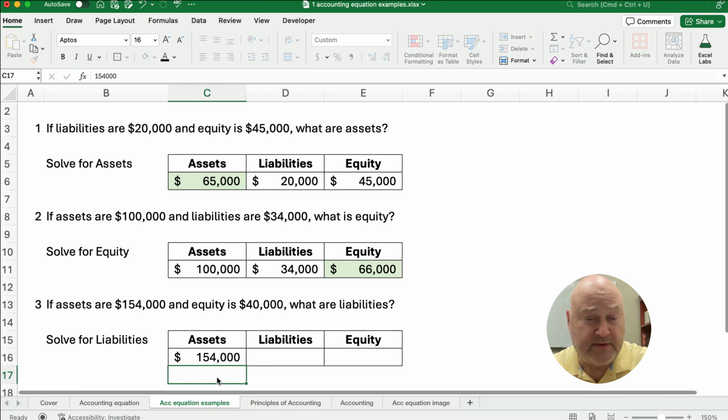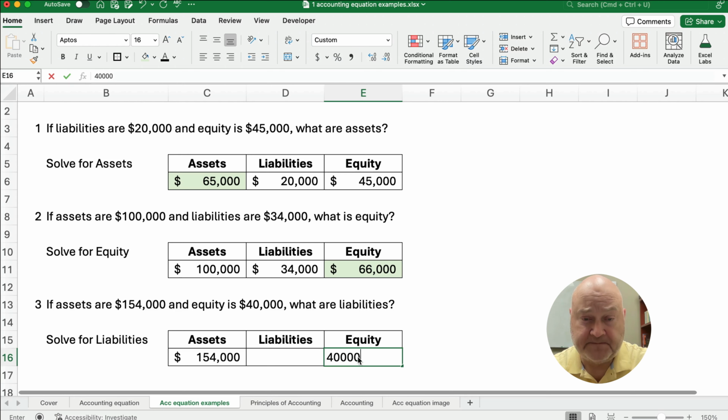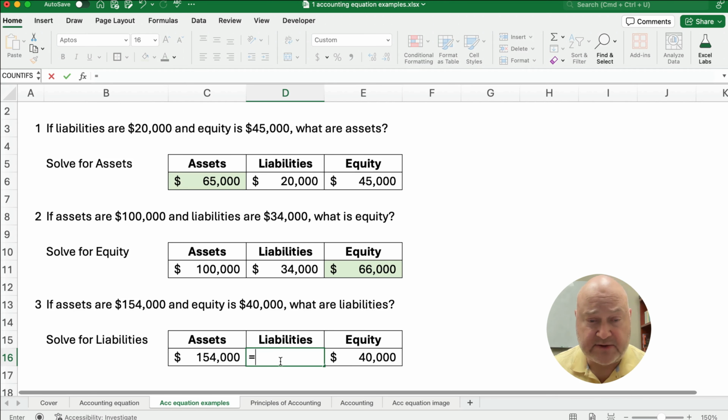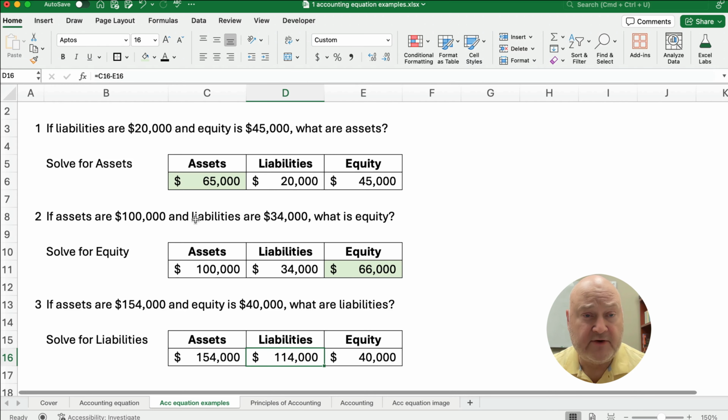154,000 would be our assets. Our equity is 40,000. So how do we calculate liabilities? Well, we're going to use algebra and say 154 minus the 40,000. All right, so our answer is 114,000 is our total liabilities.